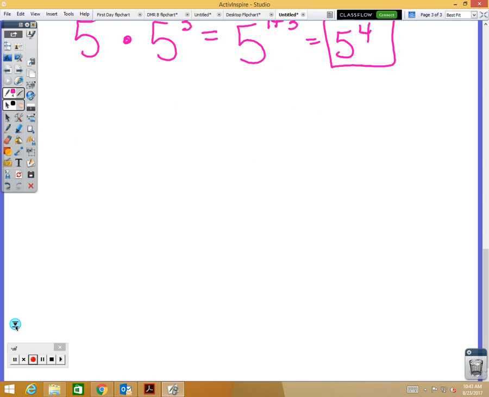Alright. I want to talk about another word that you may know. That word is coefficient. It's an algebra kind of word. Coefficient. Does anyone know what a coefficient is? It goes with something else. A coefficient is a number in front of a variable.